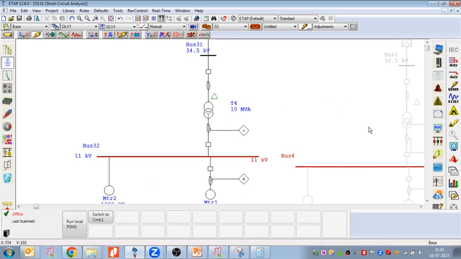In that case, if at that moment any line to ground fault occurred, could you see what change occurred in the system parameters? First of all, your current becomes 0, right?